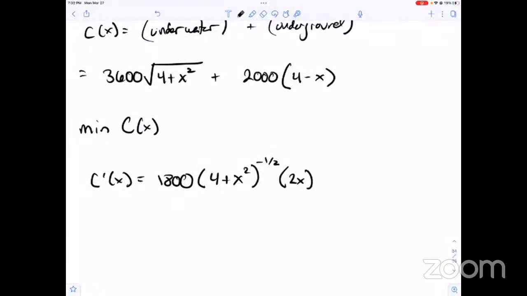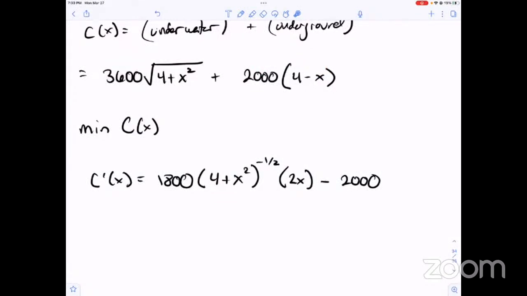Second term, if we distribute, the first one is gone, so it's just going to be minus 2,000. Because if we distribute this 2,000, that's going to give us 8,000. The derivative of 8,000 is 0. The derivative of negative 2,000x is just negative 2,000.